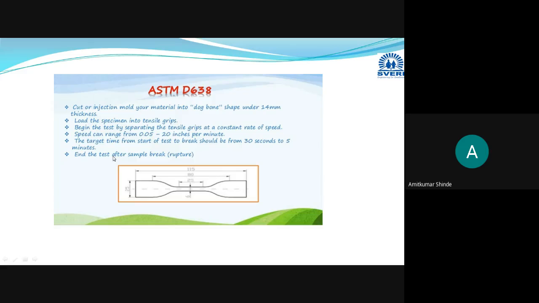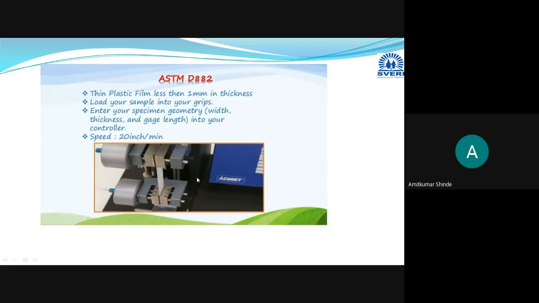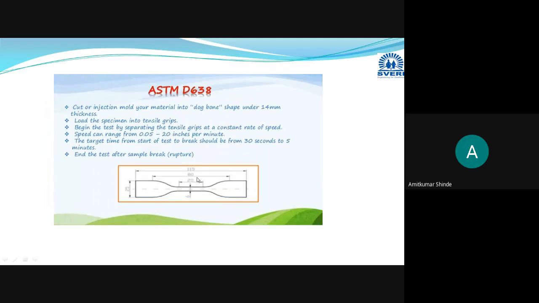You can check the dimensions here. I will try to zoom in if it is not visible, or you can zoom on your screen. Just remember that the standard used will be ASTM D638, and under that this specimen will be prepared.